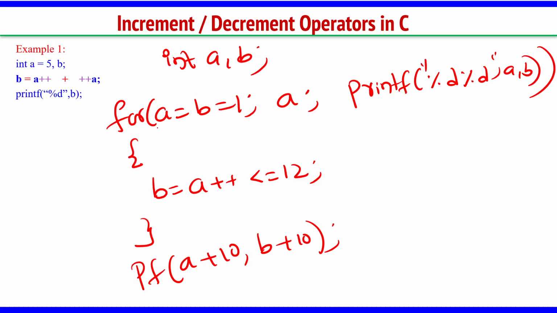int a comma b, for a equal to b equal to 1. In the condition part of the for loop, I have only a, then a semicolon, printf percentile d a comma b, and here I have b equal to a plus plus less than or equal to 12. After this, I have printf a plus 10, b plus 10. What is the output of this question?